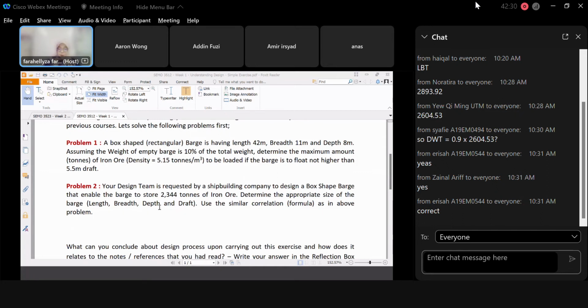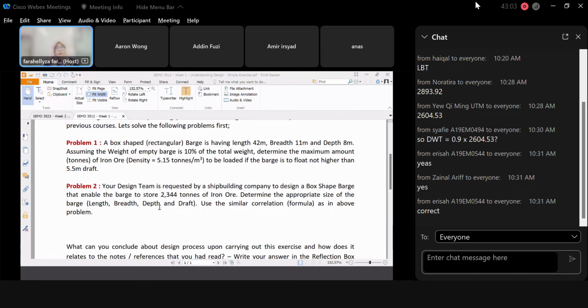Problem 2 is different. In problem 1, you are given all the parameters: the length, the breadth, the depth, the T. With those existing parameters, you only need to find the maximum amount of iron ore. That is problem 1.